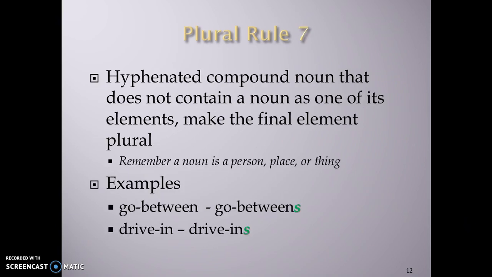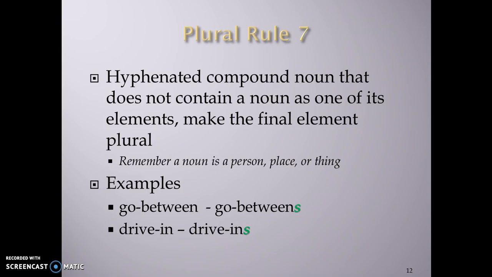Rule number 7. Now you will have some hyphenated compound nouns that do not contain a noun. When this happens, you want to make the final element plural. So the final element is going to be plural.